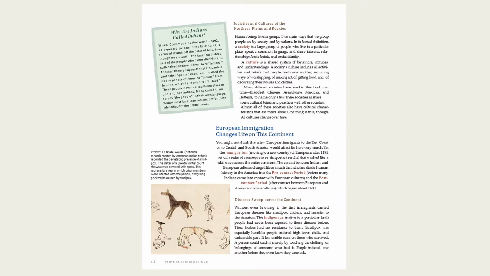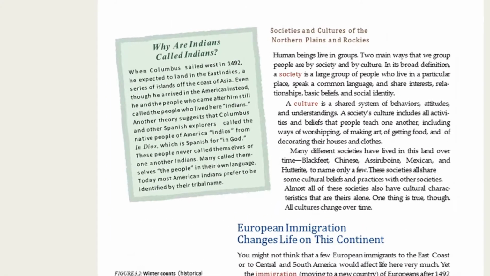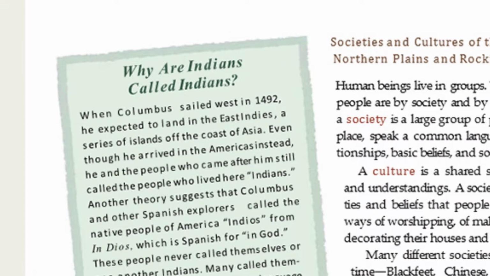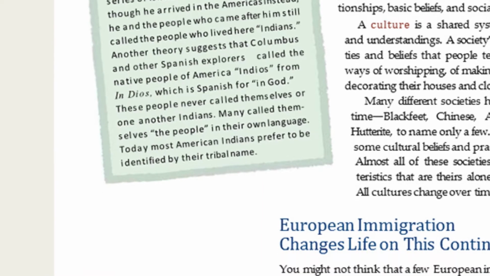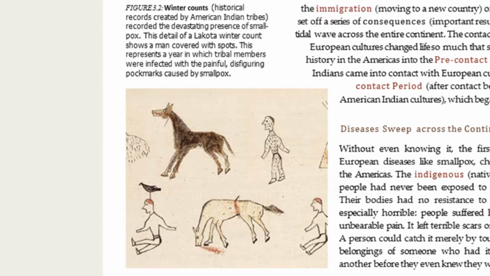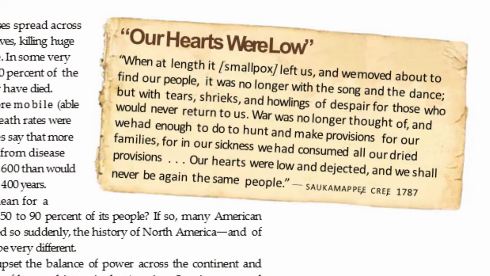So take a look at the sidebars on page 44. Why are Indians called Indians? And then we have a bit of art that's actually being presented in the form of a winter count from the Lakota. And then we have a direct quote from a Cree chief back in 1787 that was collected by David Thompson in his narratives.